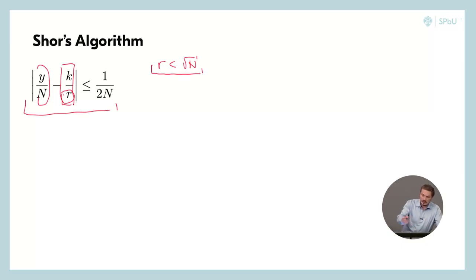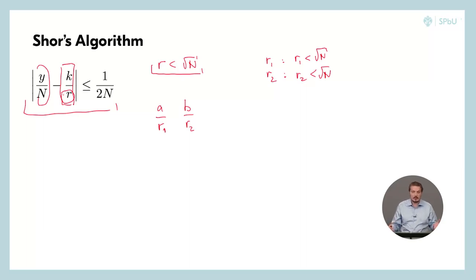Why? Let's see why. If we have, for example, two denominators, r1 and r2, with r1 less than square root of n and r2 less than square root of n, and we have two fractions, a divided by r1 and b divided by r2, what can be the distance between these numbers? And we assume that these numbers are not equal.